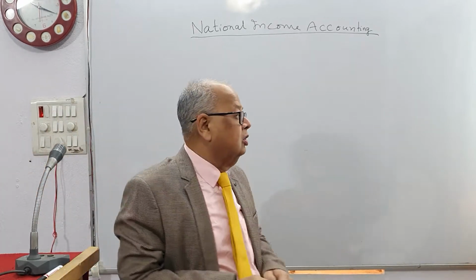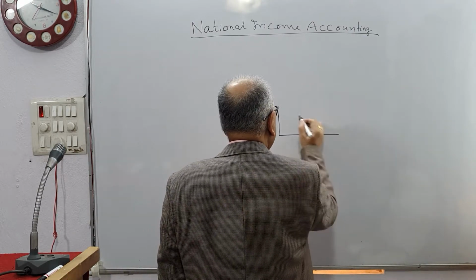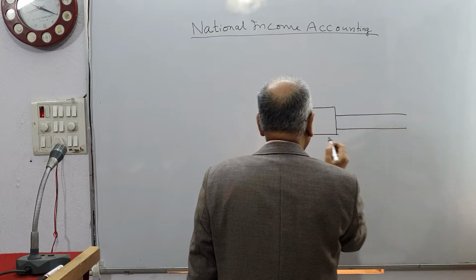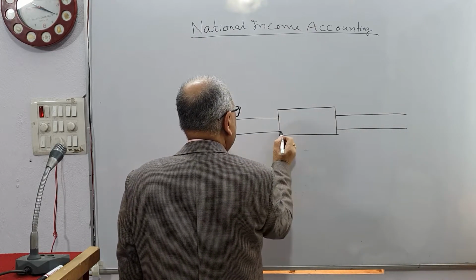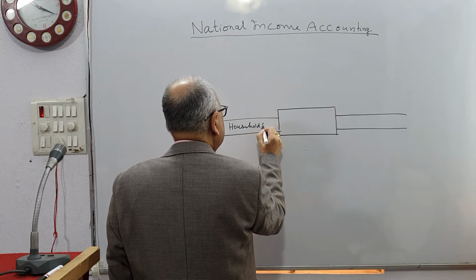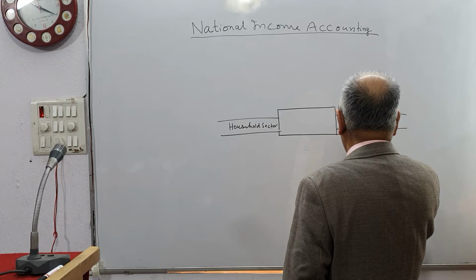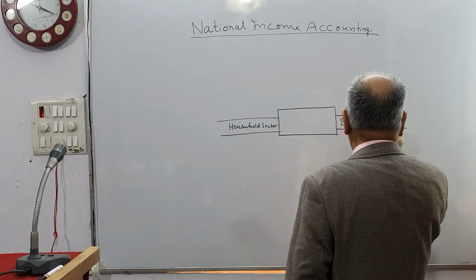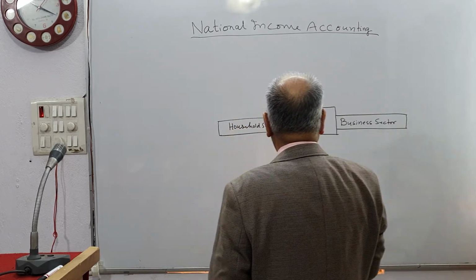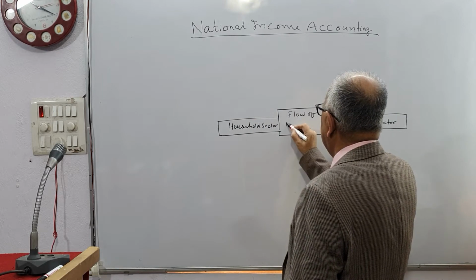So look here. This is the household sector, and this is the business sector, and this is the flow of national income.